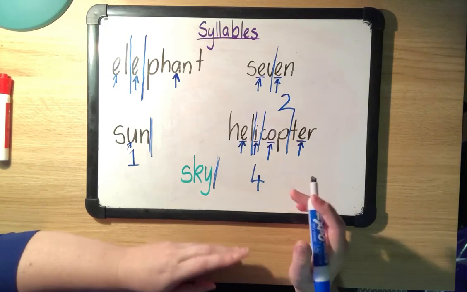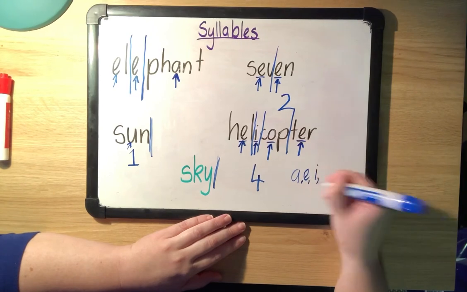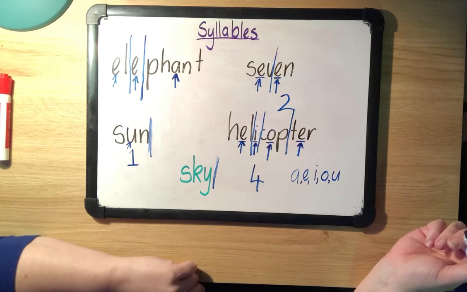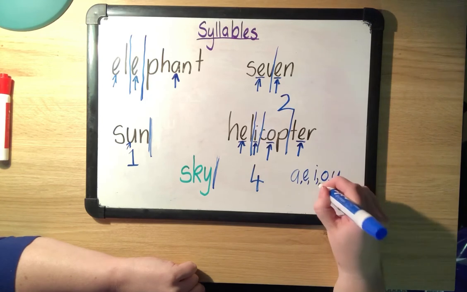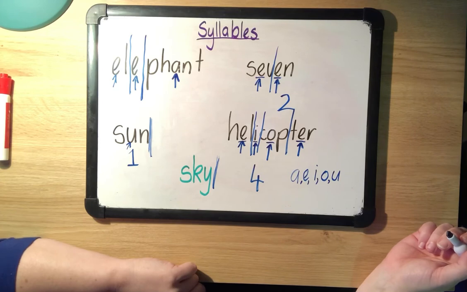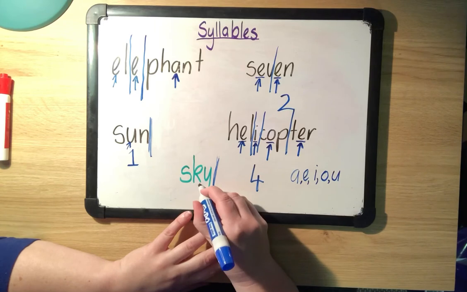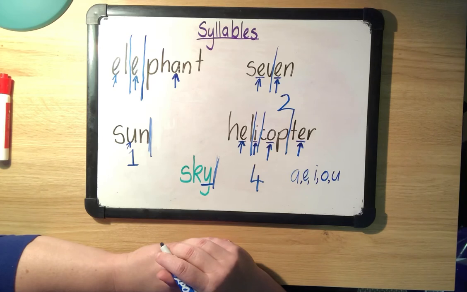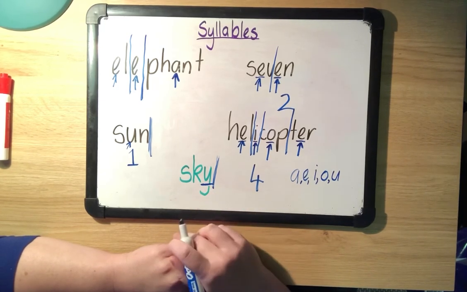Now we know our vowels are A, E, I, O and U. But look at the word sky. There's no A, there's no E, there's no I, there's no O, there's no U. What's going on here? In the word sky, we have the letter Y. Now, what the letter Y is doing, because it's at the end of the word, is pretending to be a vowel.